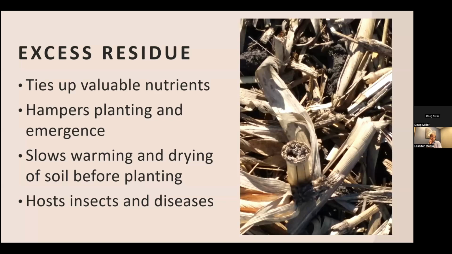And of course, the strategy there is you're going to have to supplement the active carbon in the soil by using covers and other methods because you can't hold on to the soil organic matter. But those of us in northern areas that have winter to deal with and have slower residue breakdown, anything you can do to accelerate that process is going to help you avoid some of these problems over time.